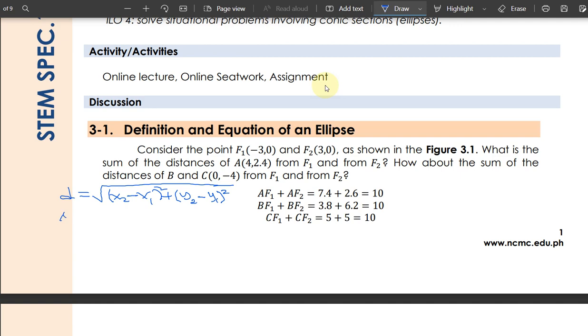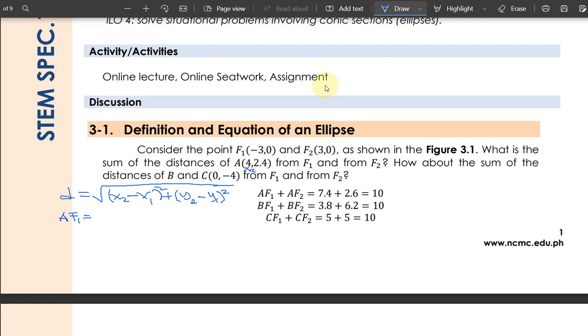So for the distance daw ni A padulong ni F1, no? So unsa ganitong coordinate ni A? That is 4 and 2.4. Then si F1 kay negative 3 and 0. So again, let us assign kung aha dapit si X1, aha dapit si X2, aha dapit si Y1 ug si Y2. Okay? So let us assume nga kani siya si A, mo ni siya ang ato ang X sub 2.